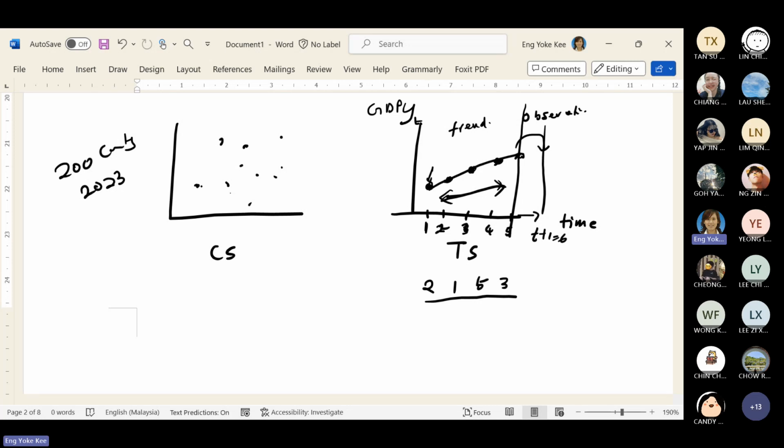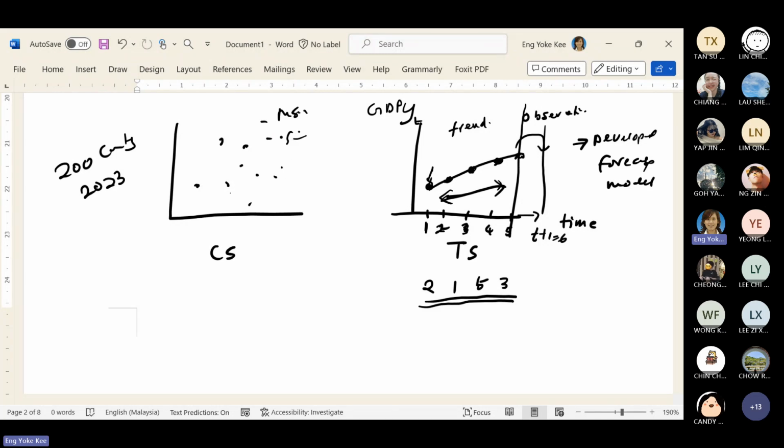Therefore, the key uniqueness of time series data is that it allows us to develop a forecasting model. Why? Simple, because of the data itself. They come in a time sequence manner, so we cannot simply rearrange the movement. Not like this, where I can put Malaysia first, then Singapore later.